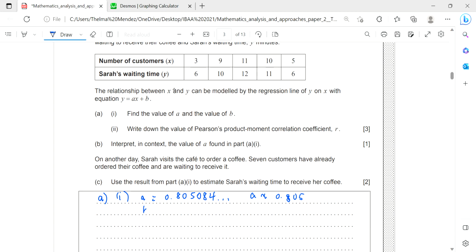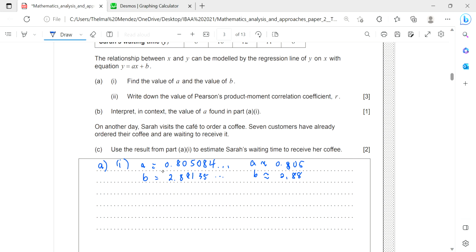And then our B, which is the y-intercept, is 2.88135, or we have it approximately at 2.88. Again, what you're going to use in your calculation is the original value.